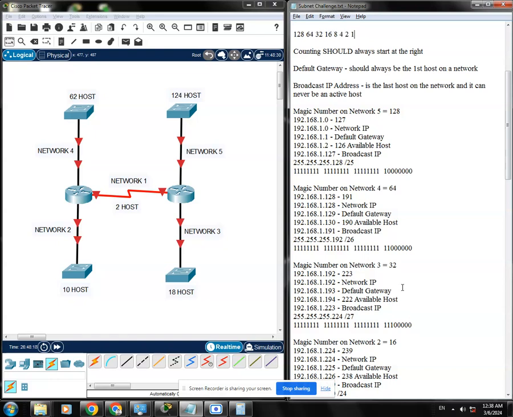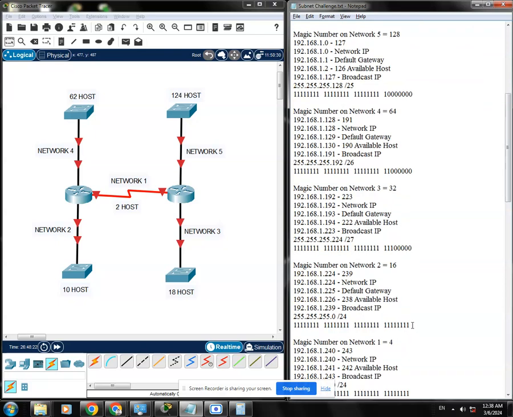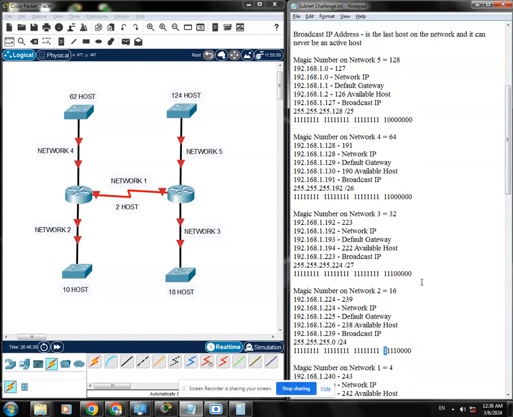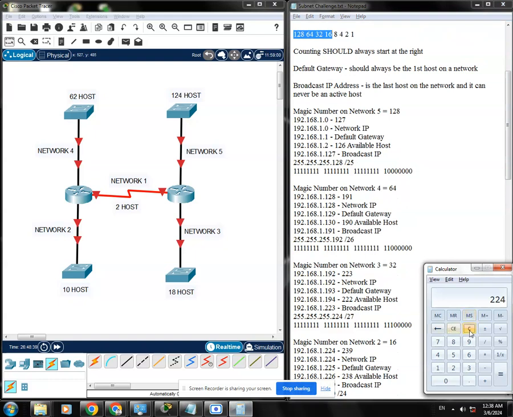So let's do that. I'm going to go in here. This 1, 2, 3, 4 will all be 0. Then we need to add this 128, 64, 32, and 16. So 128 plus 64 plus 32 plus 16, and that is 240.